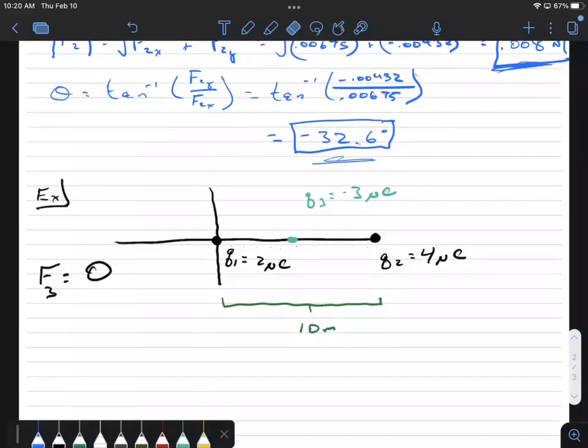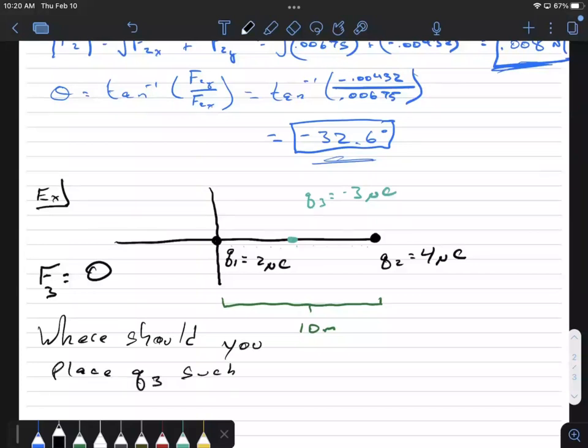The question is, where should you place Q3 such that the total force felt by Q3 is 0?